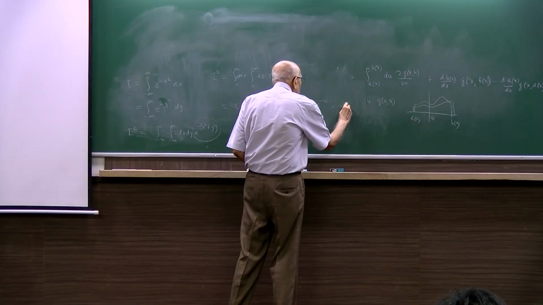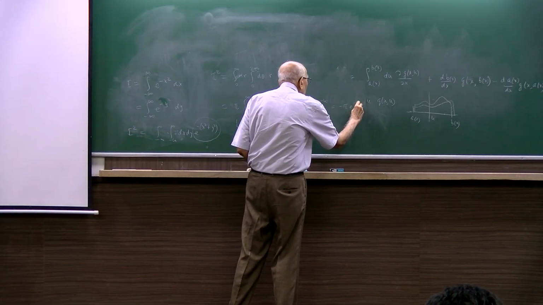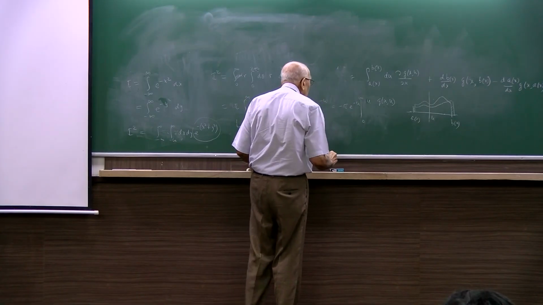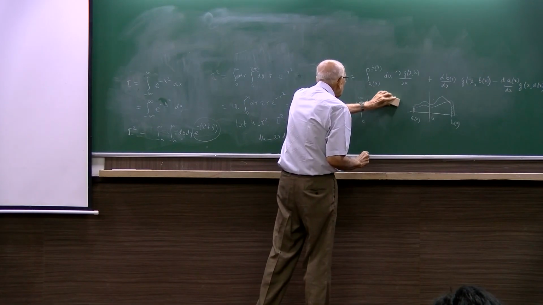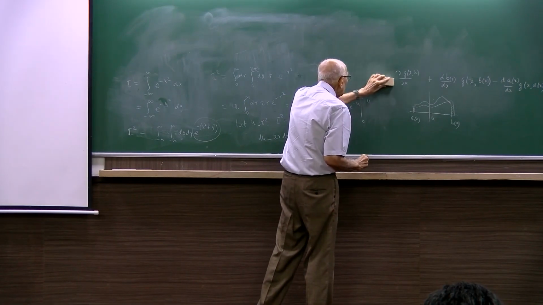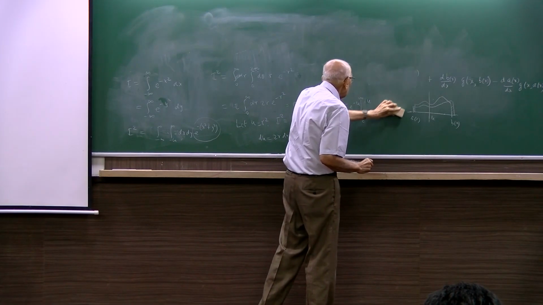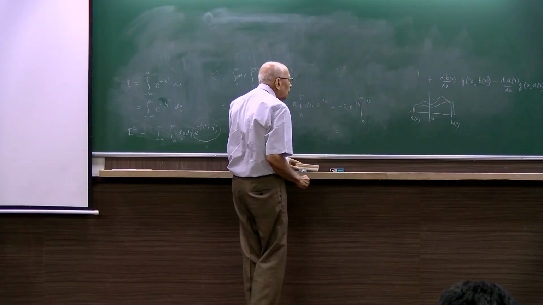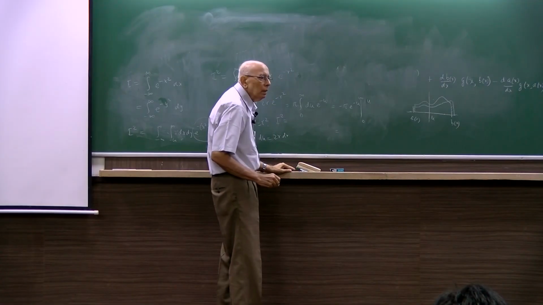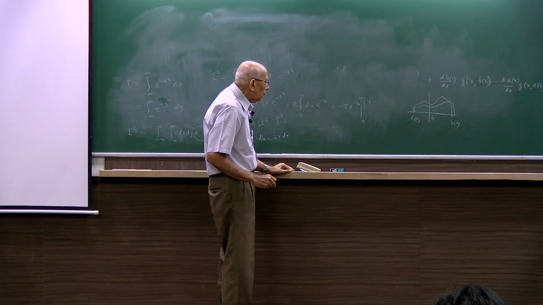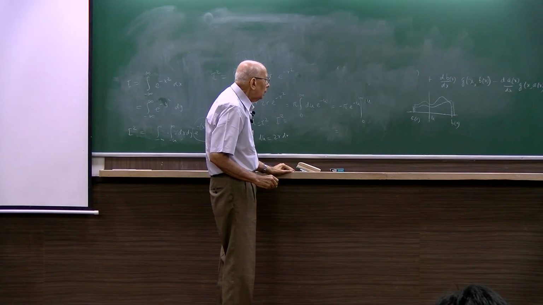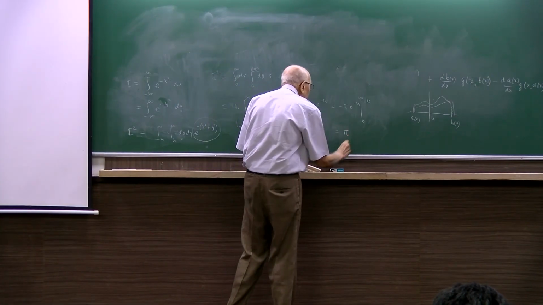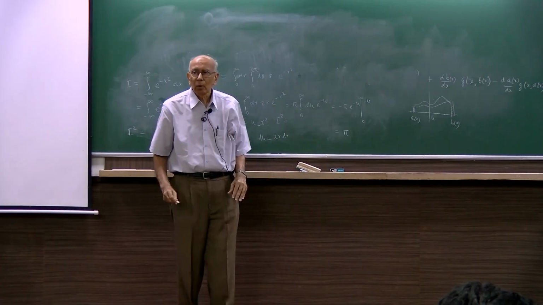So it's equal to minus pi times e to the minus u from 0 to infinity. What's that equal to? E to the minus infinity is 0, minus 1, so minus of minus pi, so pi. That's the fundamental Gaussian integral.